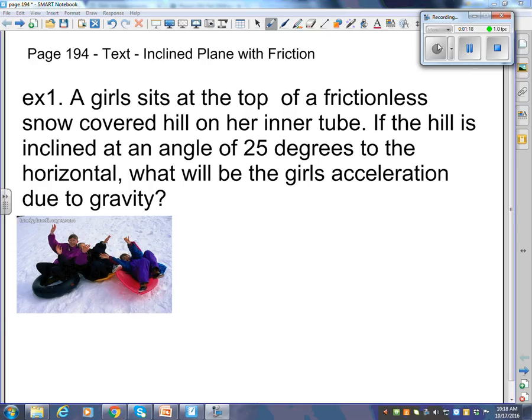Now, one of the things you had to do on that lab is draw a free-body diagram, and there's a few of you that need some work on that. So this is a good chance for me to remind you of what's going on here, right? So we've got our hill here, and we've got our object. It's a girl on an inner tube. And we've got gravity, weight force, acting straight down.